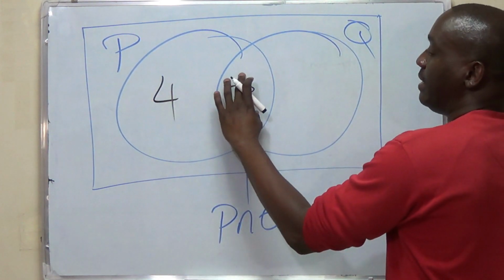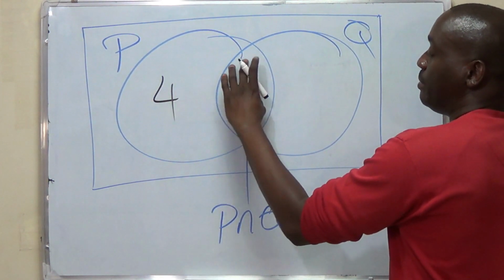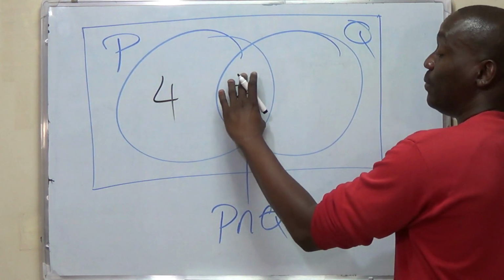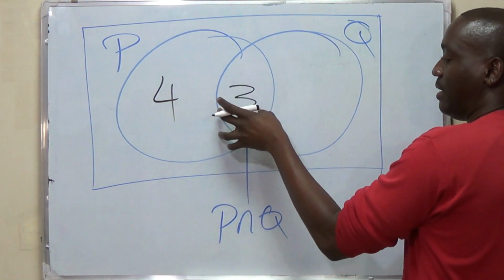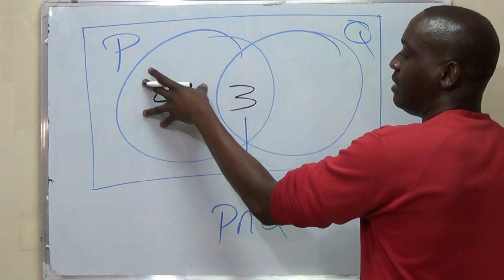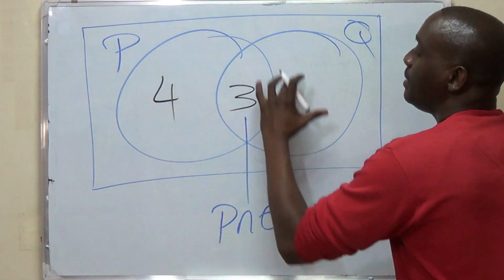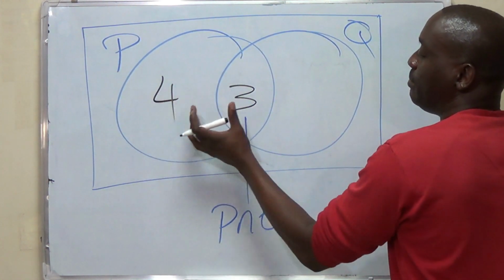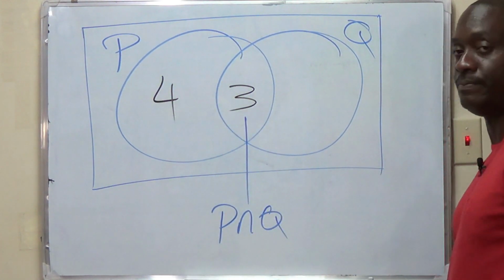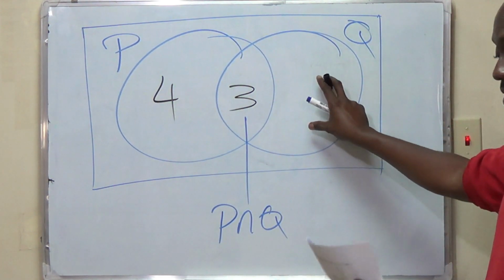Because if you have 3 already, that would be P and Q, which would be 3 in P as well. Then the remainder to make up the 7, that would be everything in P, would be 7 minus 3, which would give you 4. And then you apply the same logic across here.